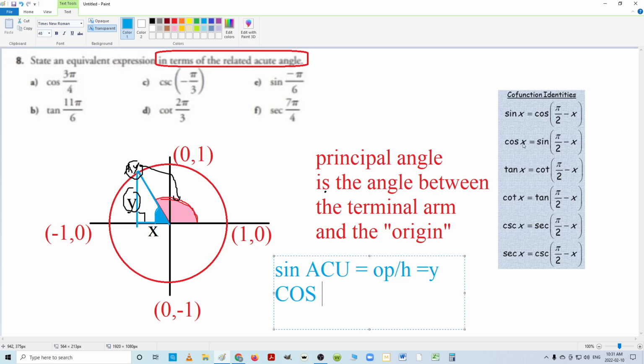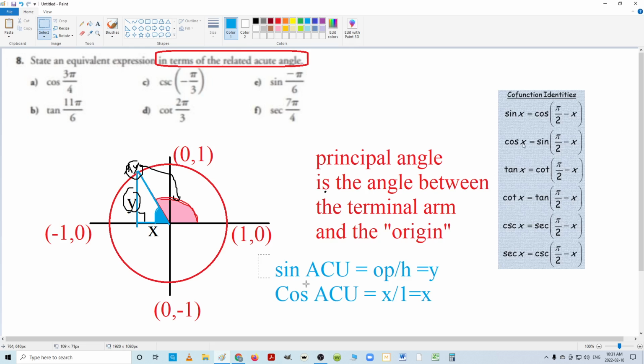And the cos of my acute angle is the adjacent over the hypotenuse, which is x over 1, so it's x. So this acute angle shares the same xy values as the principal angle, as the red angle.